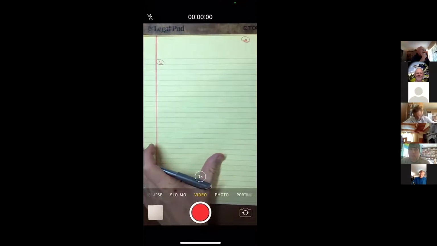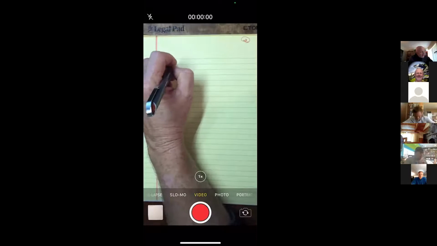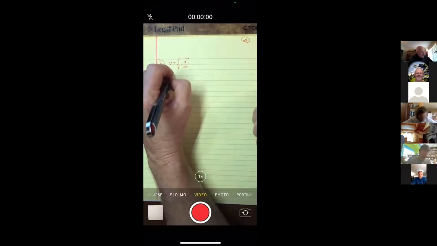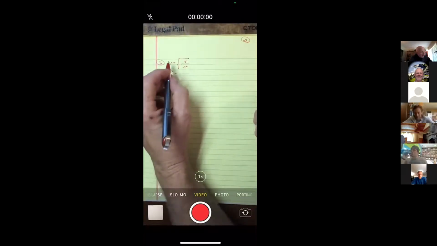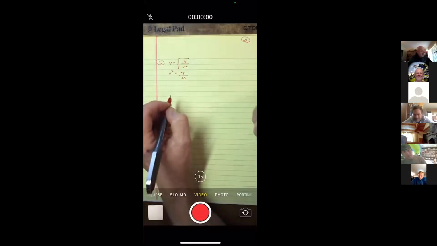And so part B would be saying the mass per unit length of this wire is 4.1 grams per meter. Find the tension. So velocity is equal to the square root of the tension over the mass density, or put another way, when we square it, velocity squared then is tension over mass density.